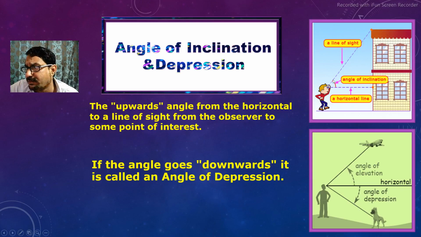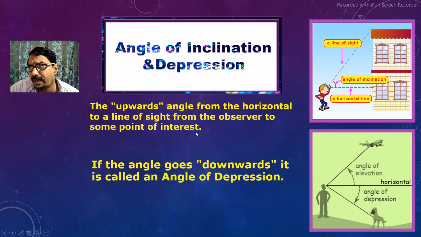See, here the boy is watching the top of this house, and the angle of inclination is formed. This is called the line of sight, and this is the horizontal line. Similarly, you can see in this picture that you can watch down also, right? So this is called the angle of depression.